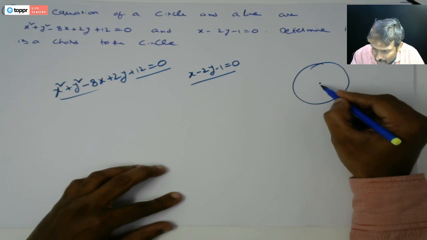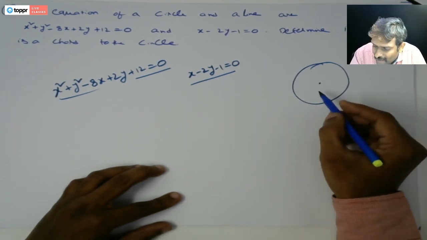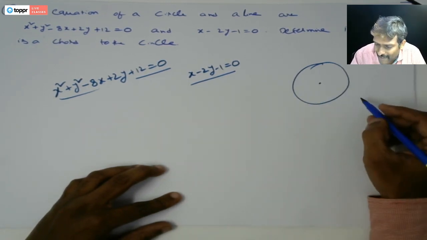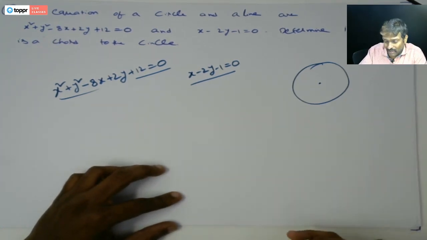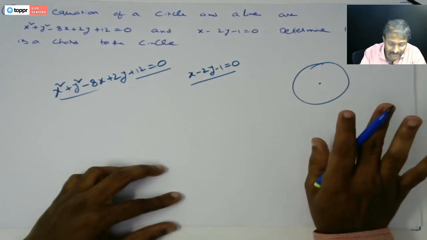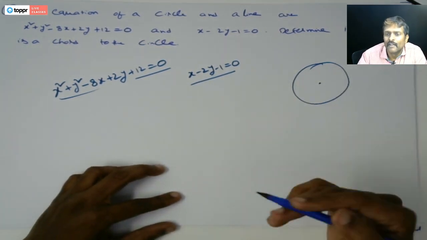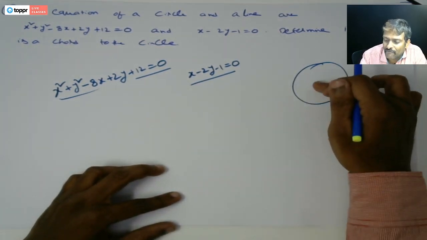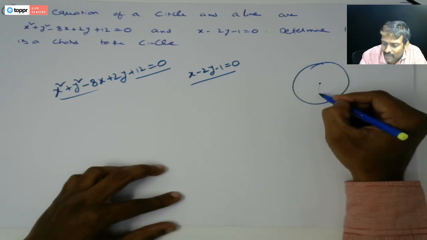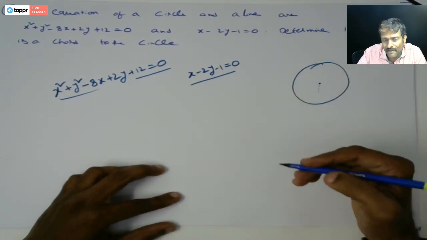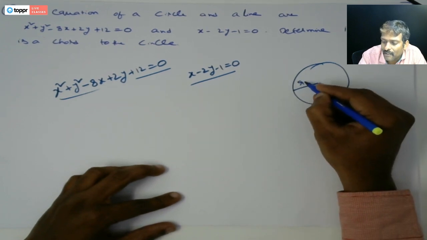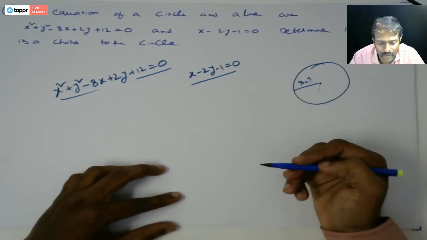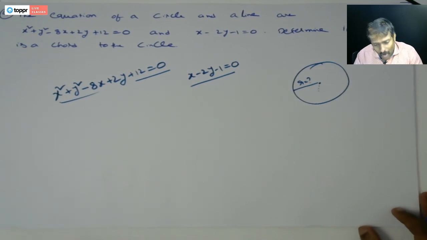We don't know the center as of now, and we know a line. I'm not drawing the line here because I'm not sure whether it is inside the circle, outside the circle, or touching the circle. But there is a line here. So we have to find the distance from the center to the line, and you should know the radius. Do we have the radius? No, right? So you have to find the radius also here.